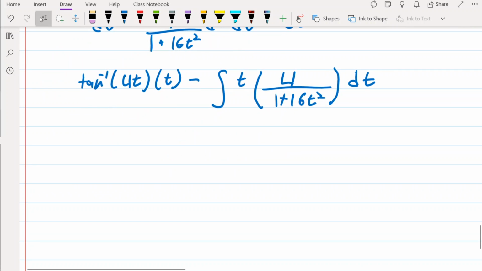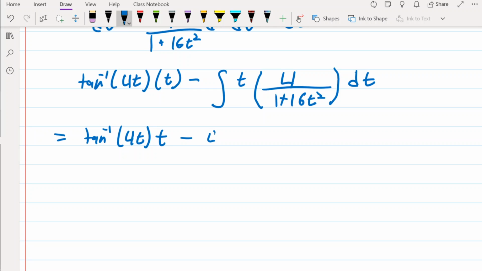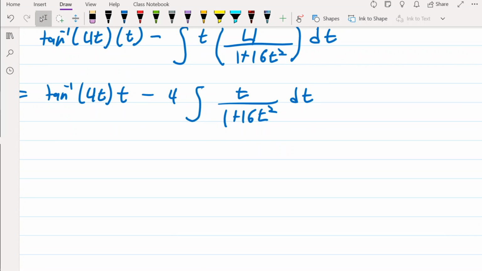We're going to be able to pull that 4 out to the front. We have tangent inverse of 4t times t minus 4 times the integral of t over 1 plus 16t squared dt. So we're going to have to use u substitution to finish up solving this one. We'll use w, just because we already have used u and v.